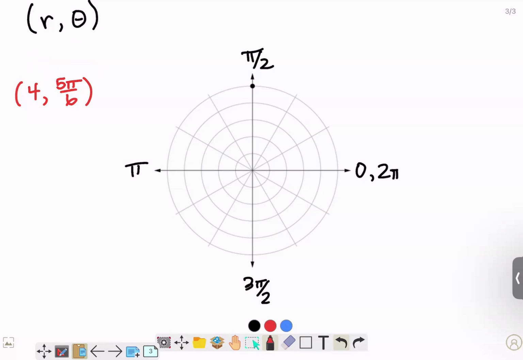And so we'll go to that angle, and counting from the origin out, we need to go 4. So 1, 2, 3, 4 is that point right there. So it's at the angle 5 pi over 6, and it is 4 units away from the origin.